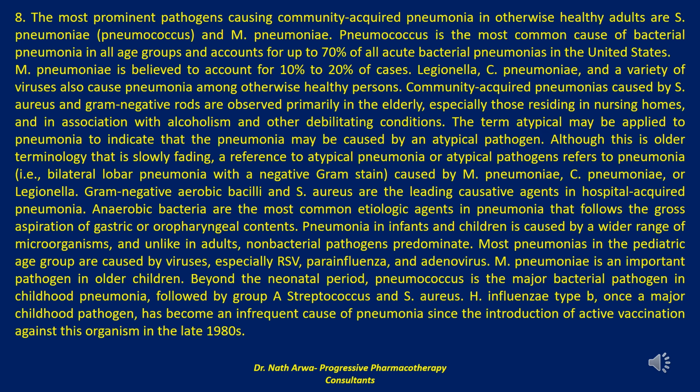Beyond the neonatal period, pneumococcus is the major bacterial pathogen in childhood pneumonia, followed by Group A Streptococcus and Staphylococcus aureus. Haemophilus influenzae type B, once a major childhood pathogen, has become an infrequent cause of pneumonia since the introduction of active vaccination against this organism in the late 1980s.